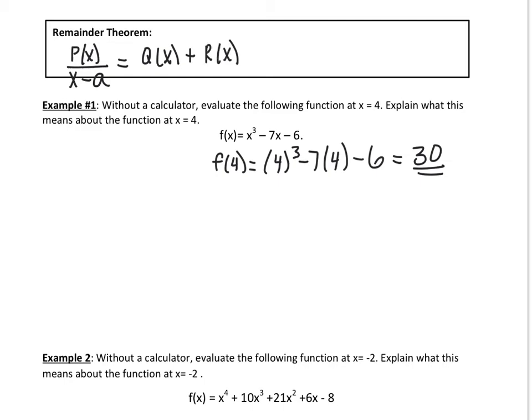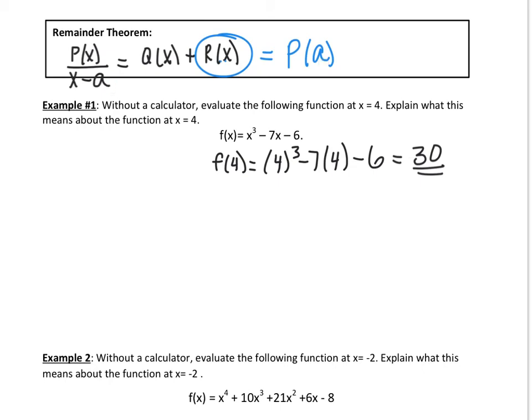And the remainder theorem says that this remainder, r of x, is equal to the function p evaluated at a, at whatever this factor was. So if I evaluate it, I should get the remainder.